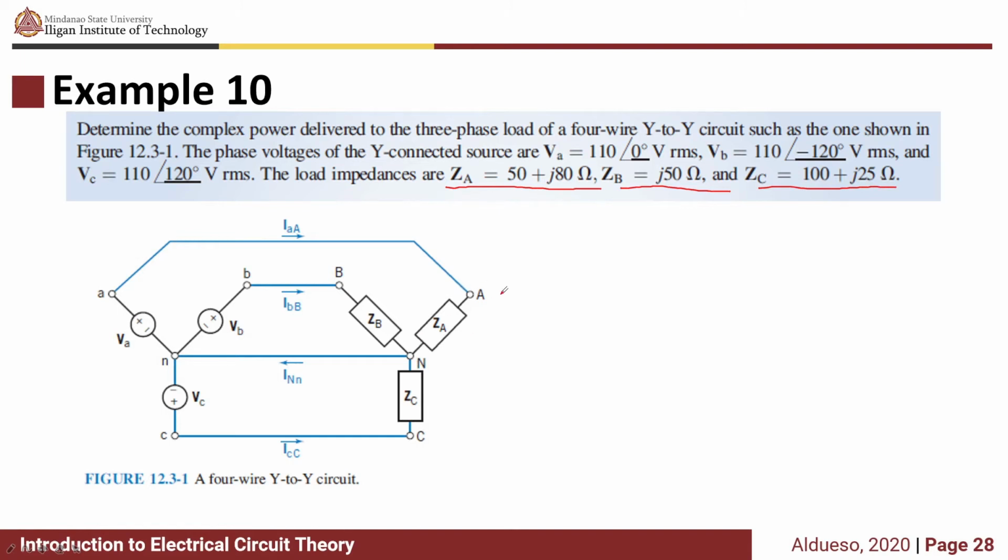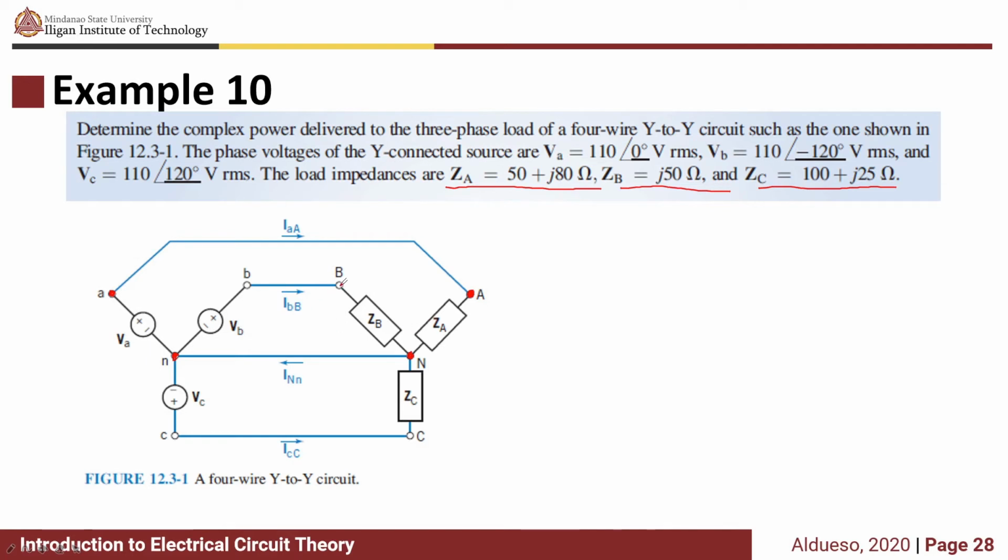So how do we get the total complex power? For a 4-wire Y-Y circuit, it's easy for us to determine the total complex power. Why? If you look at this phase right here, ZA, the voltage across this is just equivalent to this phase voltage VA.